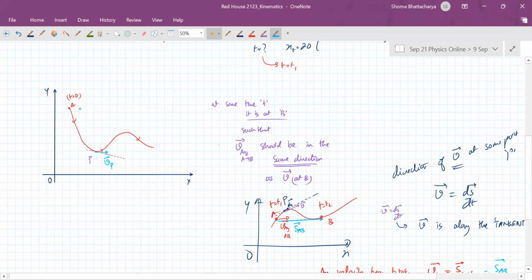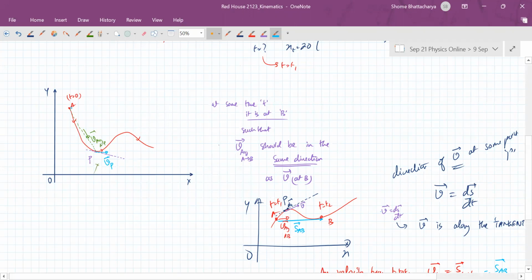But what about the average velocity from A to B? That would be along the line joining A with that point B, because this would be the displacement. So the average velocity would be in this sort of direction from A to B. They are not matching the directions, so this is not that sort of point. So where would B be?